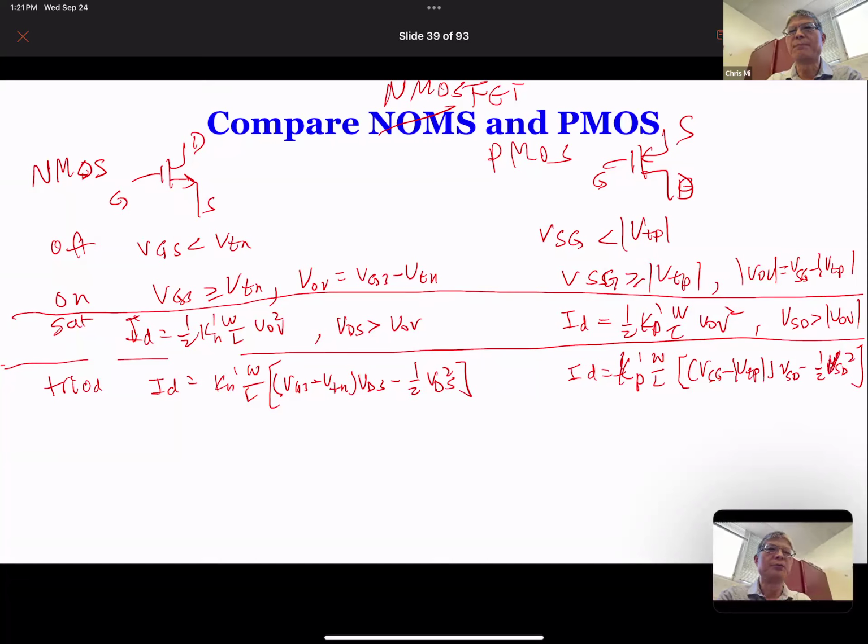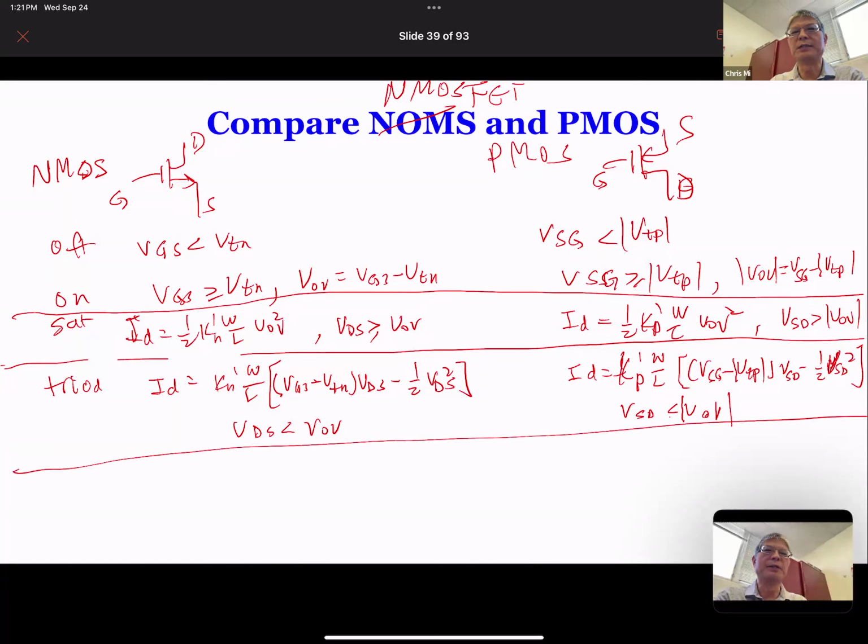And for this condition to happen, VDS has to be less than VOV, and for PMOS, VSD has to be less than VOV. So that's the triode region and saturation region.